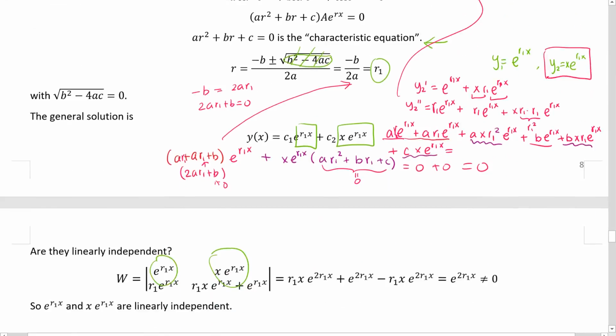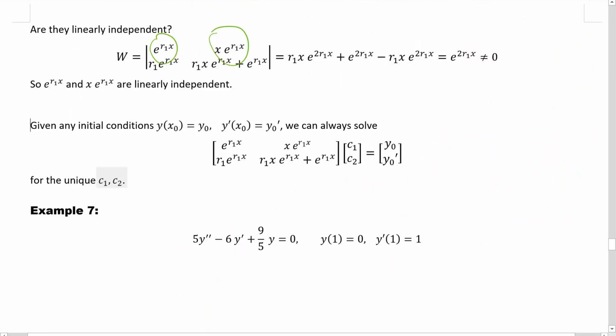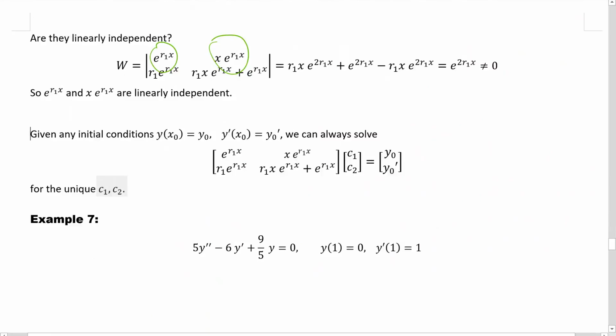All right, so we get two solutions, and how do we check whether they are linearly independent? We find the derivative of them, and then we take the determinant. So cross multiply e to the r1x times this guy.